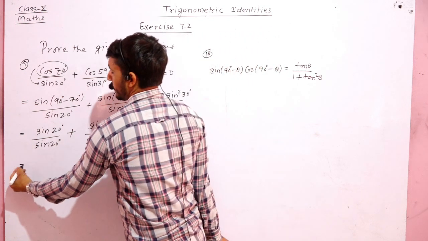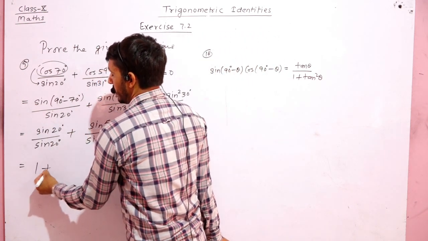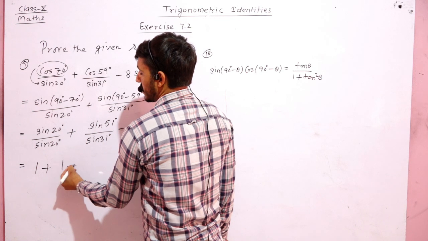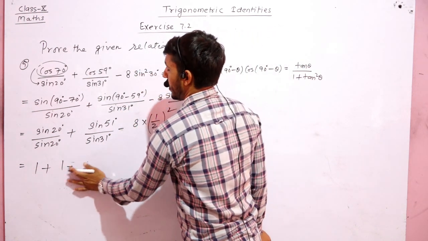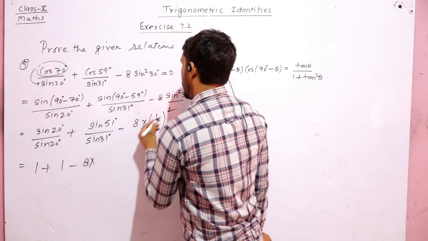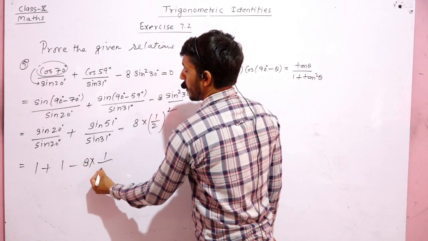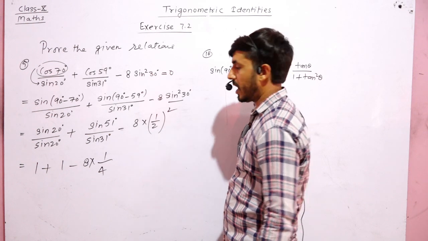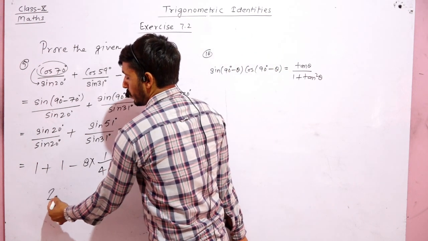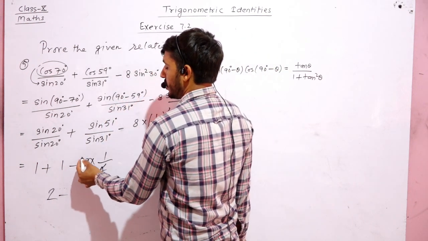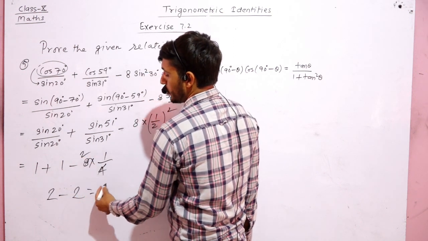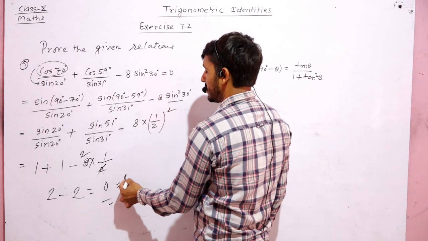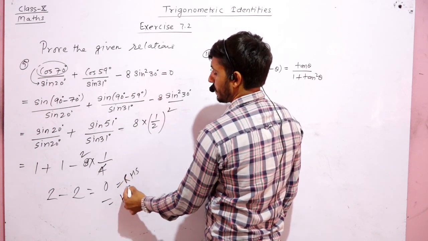In the next step these parts cancel, so we obtain 1 and 1 here, and this part is solved as minus 8 into square of 1, that is 1, over square of 2, that is 4. Now 1 plus 1 is equal to 2, minus 4 cancels with 8 by 2 times, so we obtain 2. 2 minus 2 is equal to 0. The given part is RHS, hence proved.